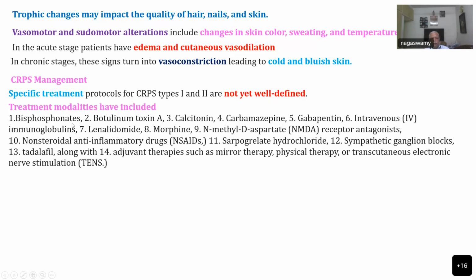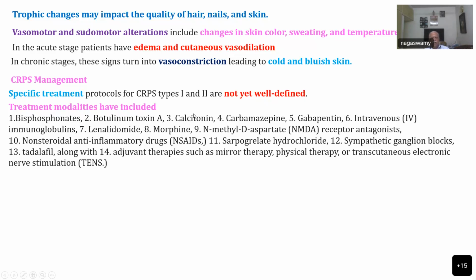You can try bisphosphonates, because bone resorption takes place in these patients. That is another added factor for the pain. So in order to strengthen the bone, bisphosphonates can be given. They are administered orally, and botulinum toxin A is also given.